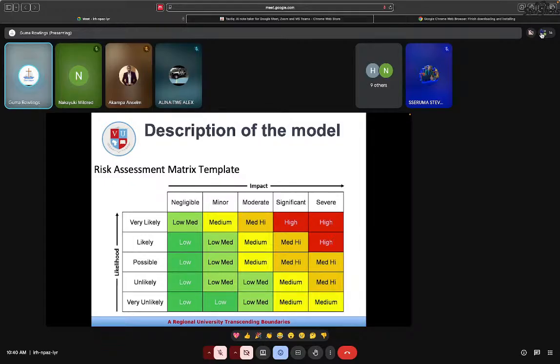So if it is categorized as likely, and the impact is severe, then that would be a high. It will be in the high zone. And that means it must be dealt with before implementation. We cannot try to work around or even wait about that. No implementation until it's worked on.